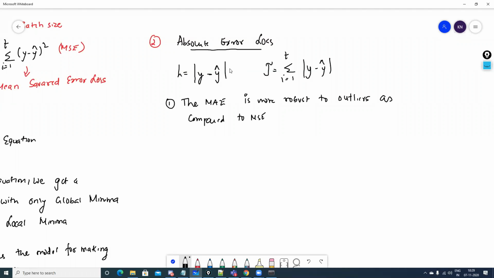Yes, obviously, when I'm considering absolute error loss, it is just fixing the outliers problem. Always remember, guys, handling the absolute term or the modulus operator in a mathematical equation is not very easy. So the computation is very difficult, and I'll say this is the disadvantage. But among the advantages, it is fixing the previous problem: it is more robust to outliers, where my previous MSE was not robust to outliers.